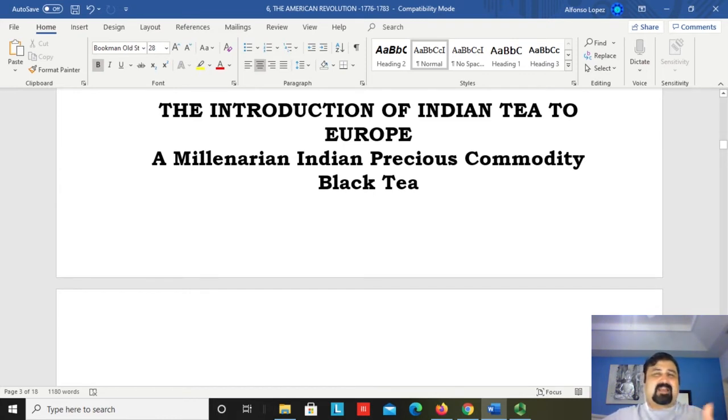It turns black because it's oxidized. People brew it. It's high in caffeine, by the way, and people in India pretty much drink black tea all day long, not just in the morning, to have a jolt of energy because it has high caffeine content, but also this provides a lot of pleasure because it's very tasty.